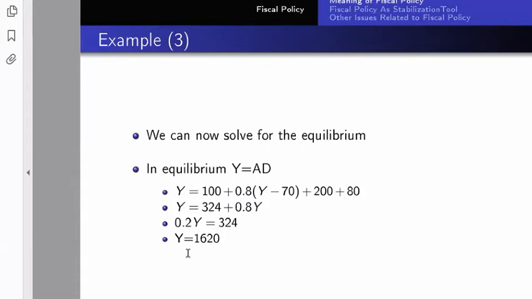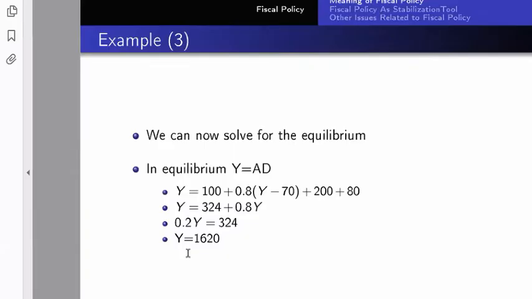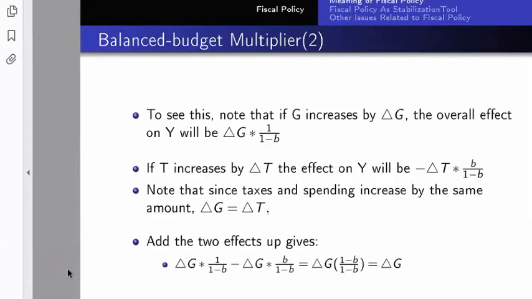Justice, is there a question? Sir, you were saying the autonomous tax multiplier has to be negative always. How about if there's a reduction in the rate of tax? Don't forget, if there's a reduction in the rate of tax, what is changing is the change in T. The multiplier there, nothing else.